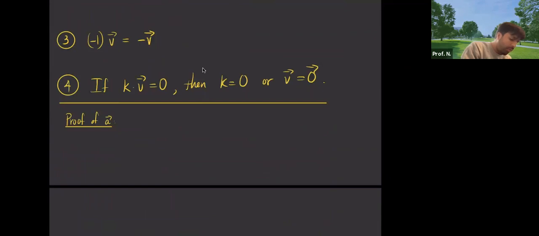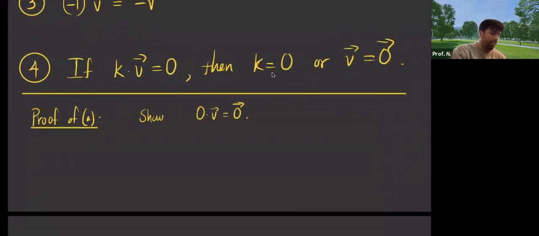I want to show that 0 multiplied by V is equal to 0. Now, what do you guys think? How do I show this? How would you show this?